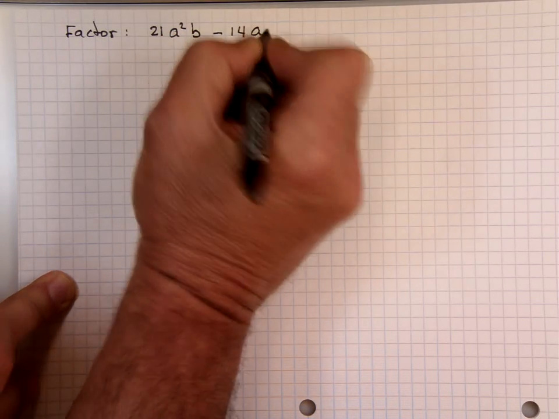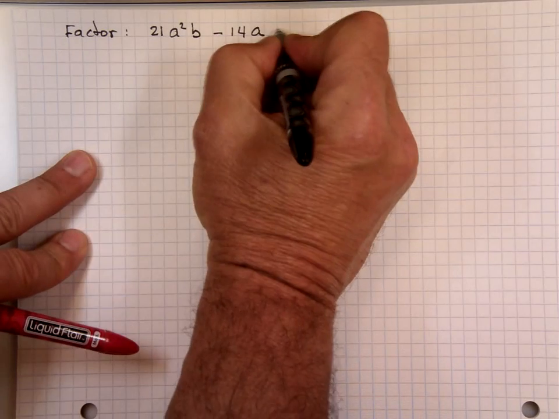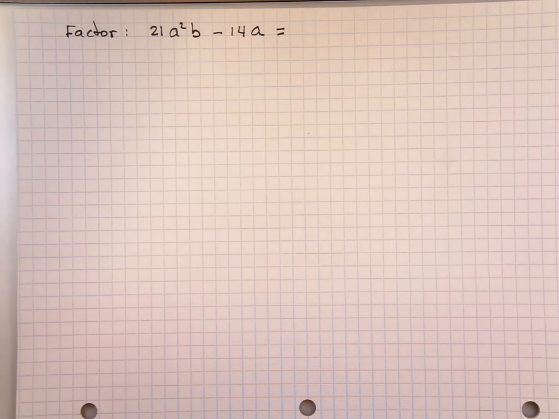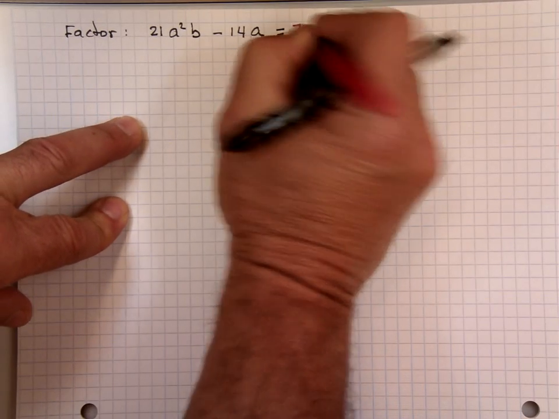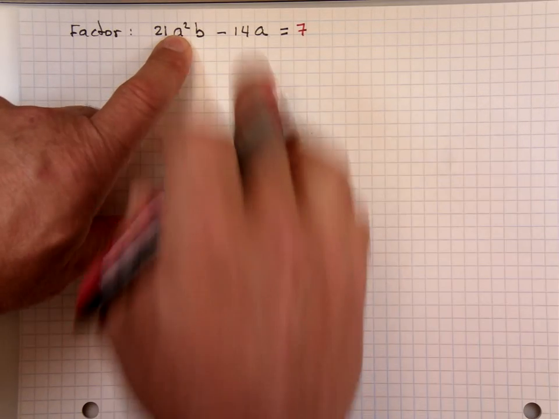Let's begin with the numbers. Both of these numbers, the 21 and the 14, are divisible by what? 7. So 7. And this is a squared, this is a. The largest I can take out is a.